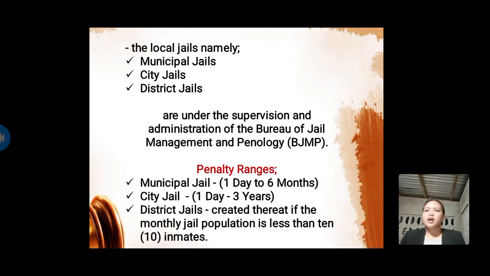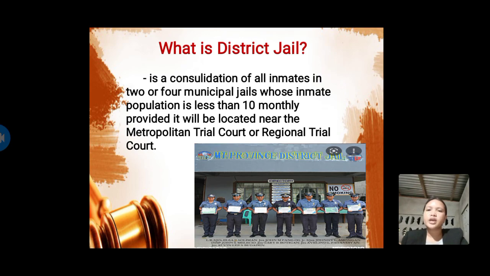So the local jails, namely the municipal jails, city jails, and district jails, are under the supervision and administration of the Bureau of Jail Management and Penology or the BJMP. So this is one of the district jails I got from the internet.